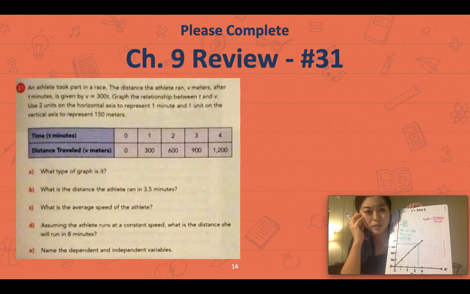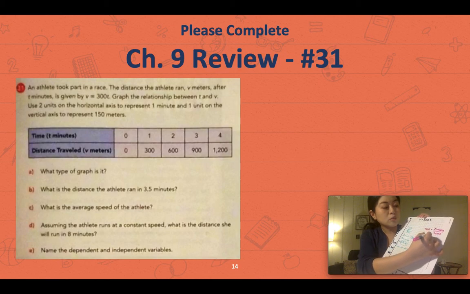And so in here, I think the average speed is, the total amount of minutes that this athlete ran is 4, right? And then the total distance traveled was 1,200, right?